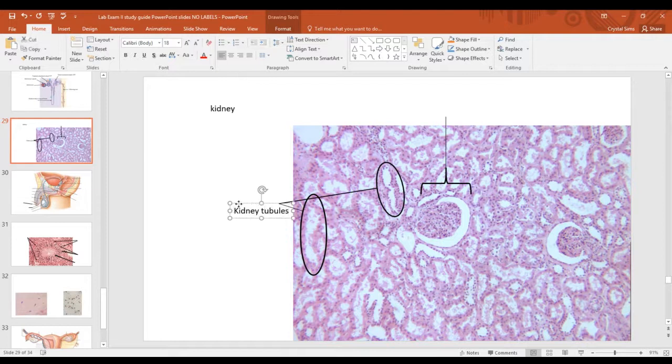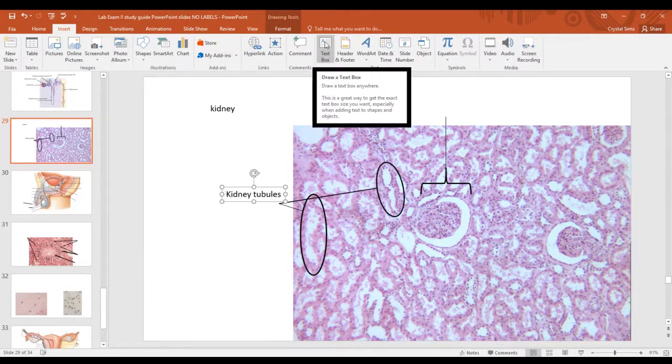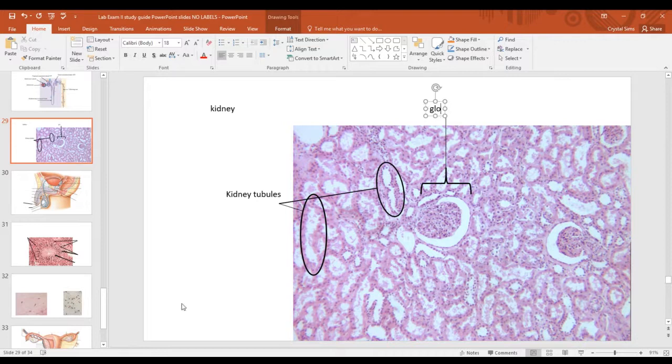And then what is this long, skinny purple thing that we have there? Yes, correct. Our nephron loop or loop of Henle. Okay, so this is my nephron loop or my loop of Henle.